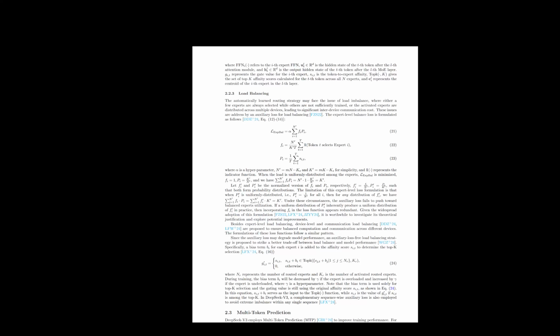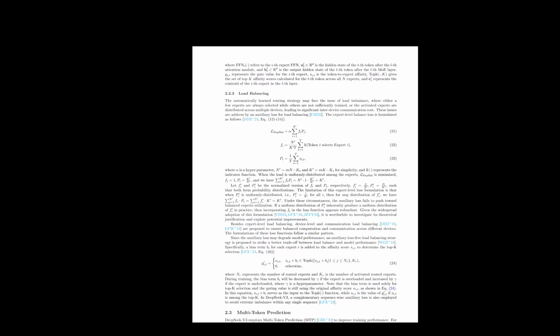Besides expert-level load balancing, device-level and communication load balancing [DDZ+24, LFW+24] are proposed to ensure balanced computation and communication across different devices. The formulations of these loss functions follow a similar pattern.